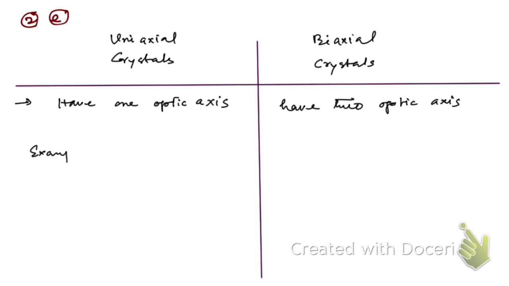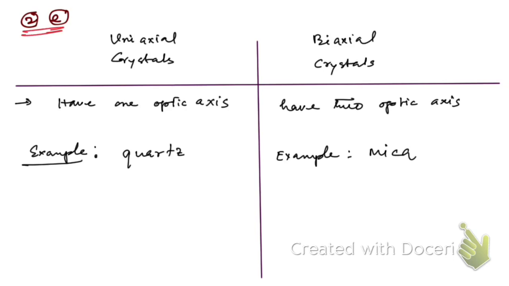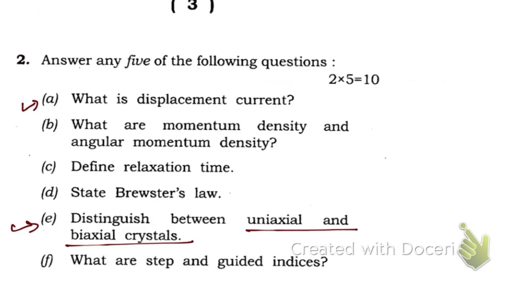Example: you can give quartz as the example of a uniaxial crystal, and for a biaxial crystal you can write mica. So this is the answer to question number 2E. Now let's move on to the next question.